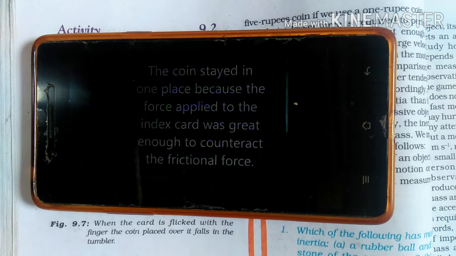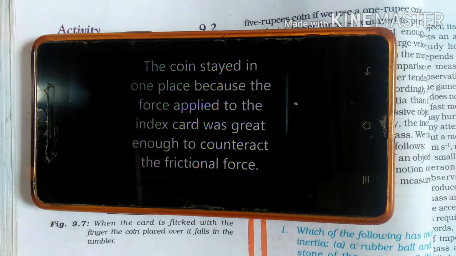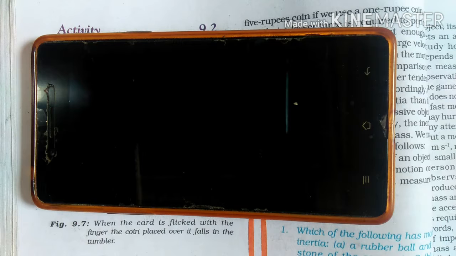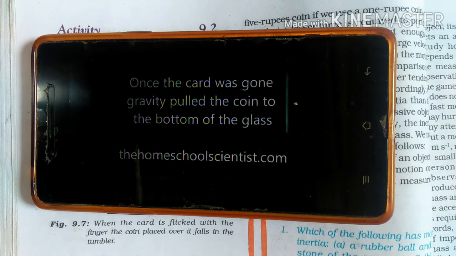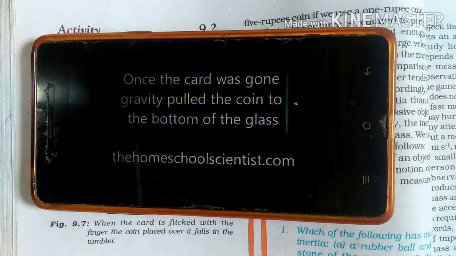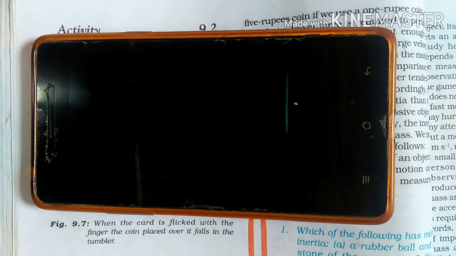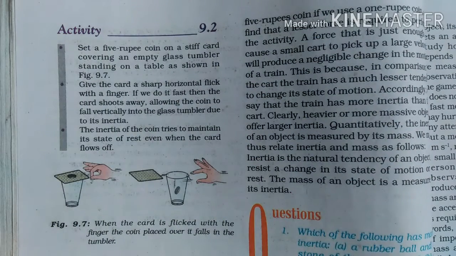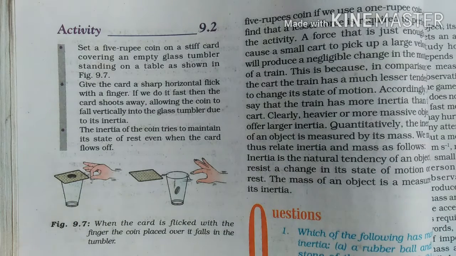Now the coin drops into the glass. In this way, we have seen the experiment.